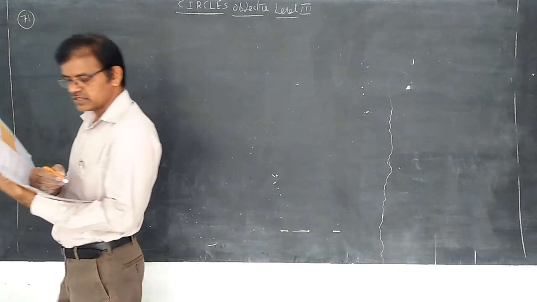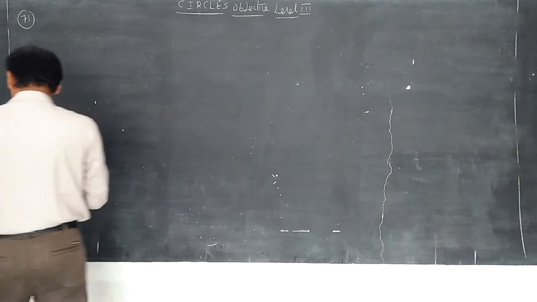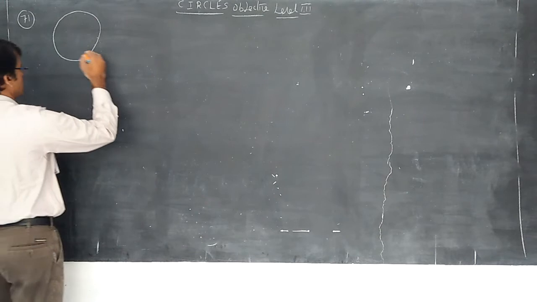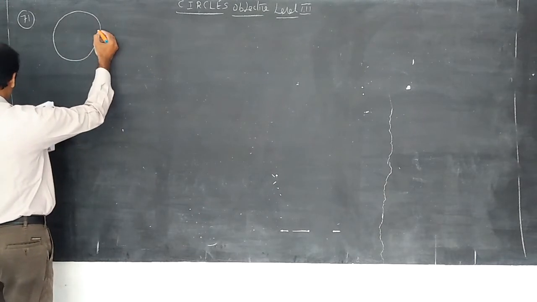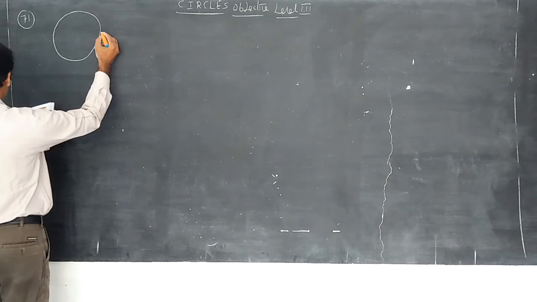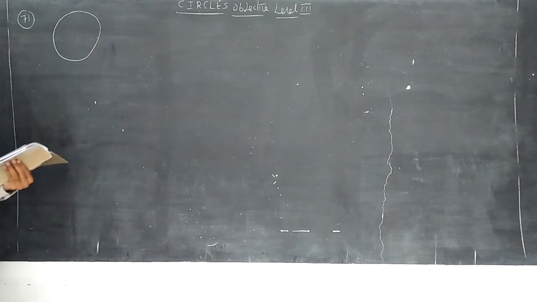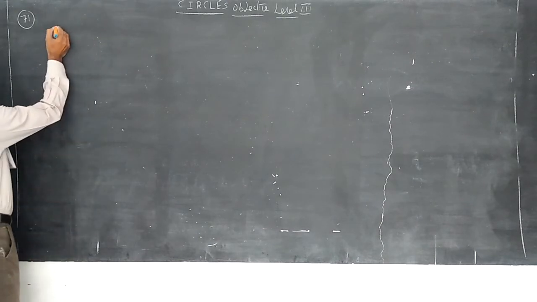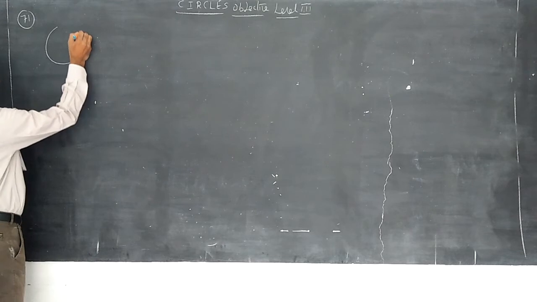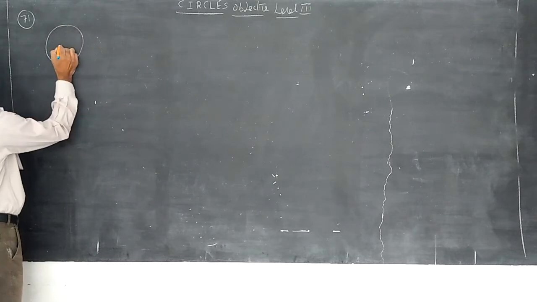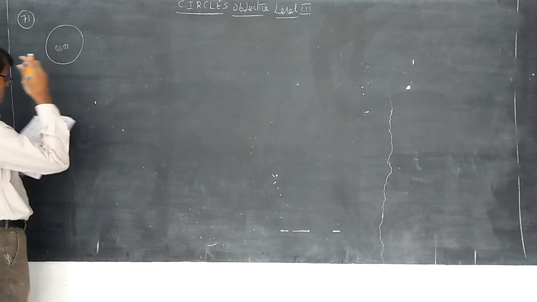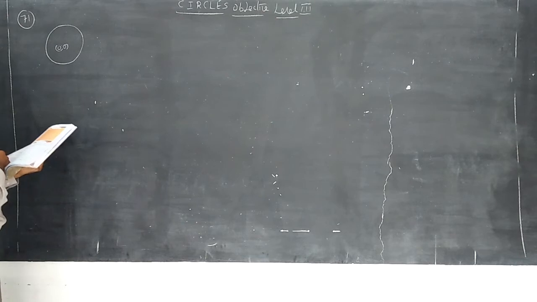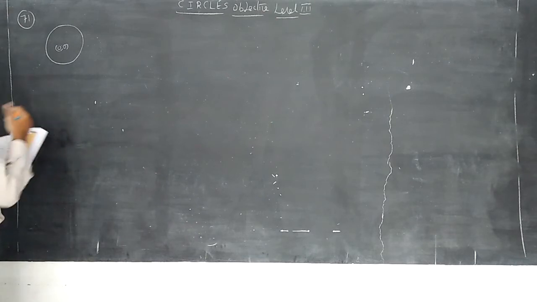An equilateral triangle inscribed in the circle x square plus y square equals a square, with vertex a comma 0. Let us draw in a proper way. Put 0 here. With vertex a comma 0, we need the equation of the side opposite to this vertex.